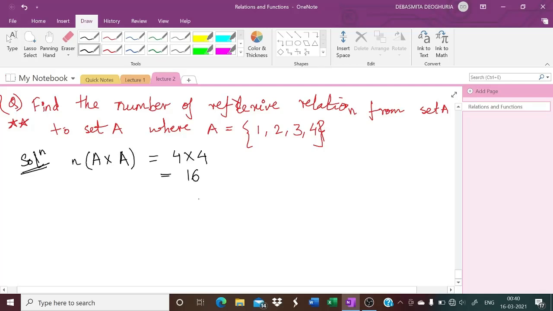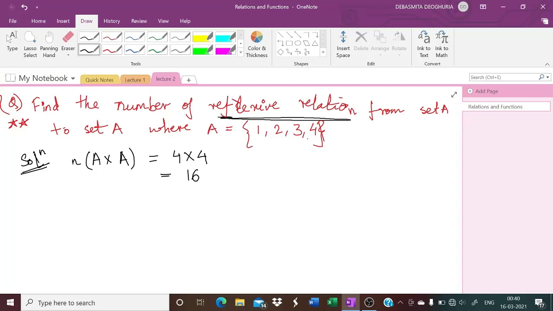Okay, now for a relation to be reflexive, what have you learned? Since it is from set A to set A, all the elements would be there, the entire set A would be your domain.